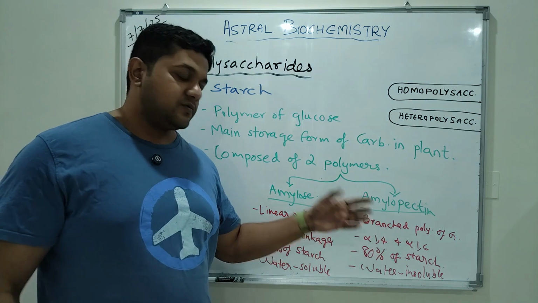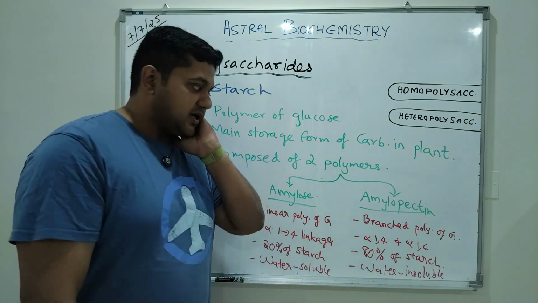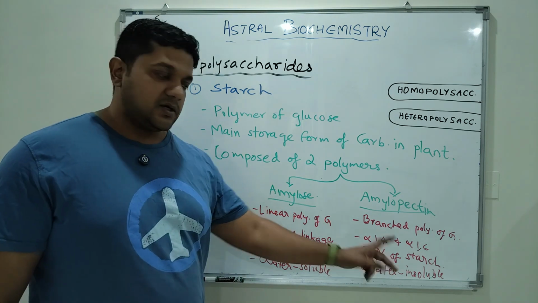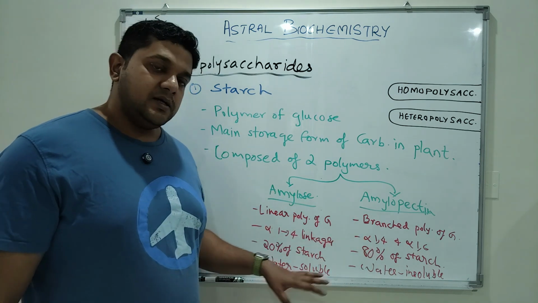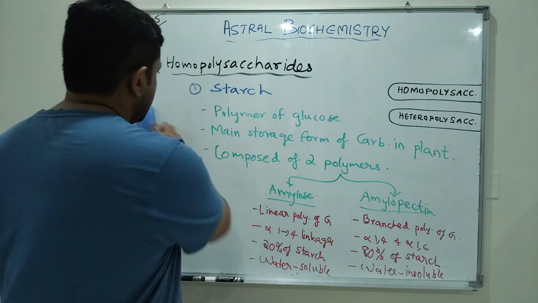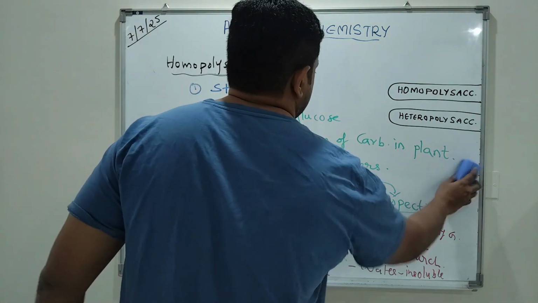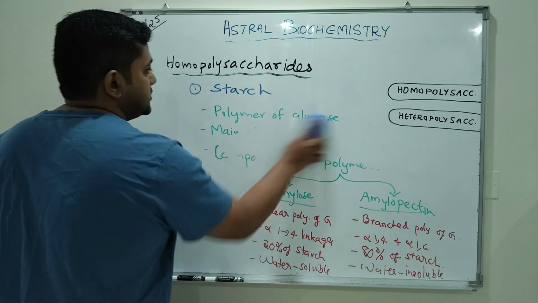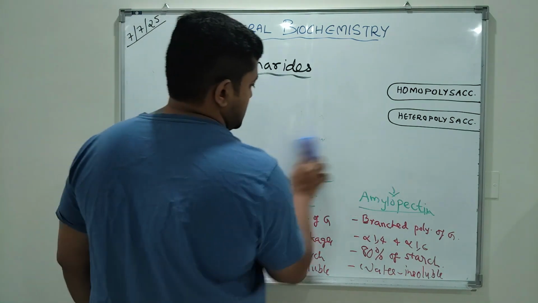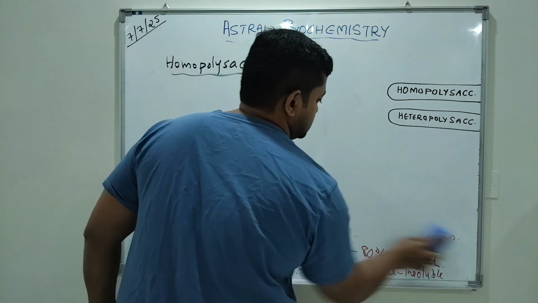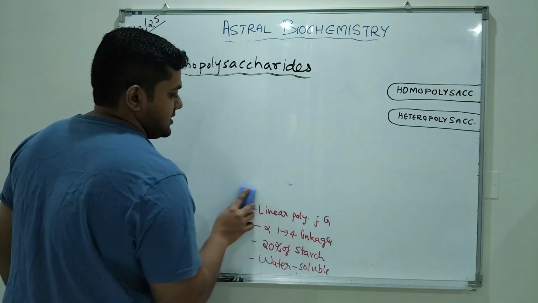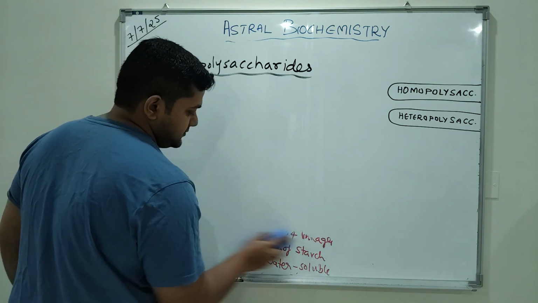Amylopectin is a branched polymer, so the linkages can be alpha 1,4 and alpha 1,6. 20% of starch is amylose, 80% is amylopectin. Amylose is water soluble, amylopectin is water insoluble. So we'll move on to glycogen now.